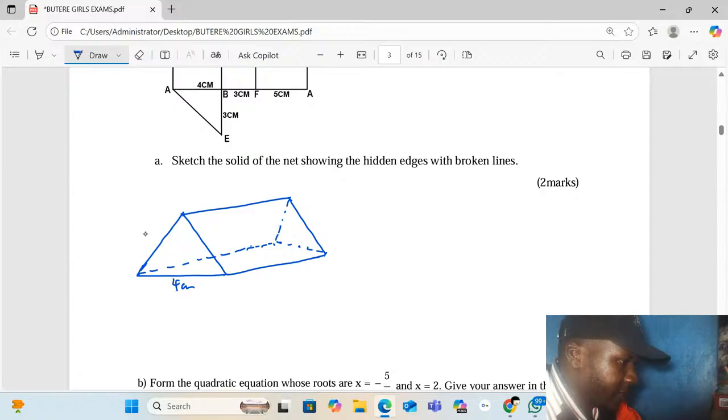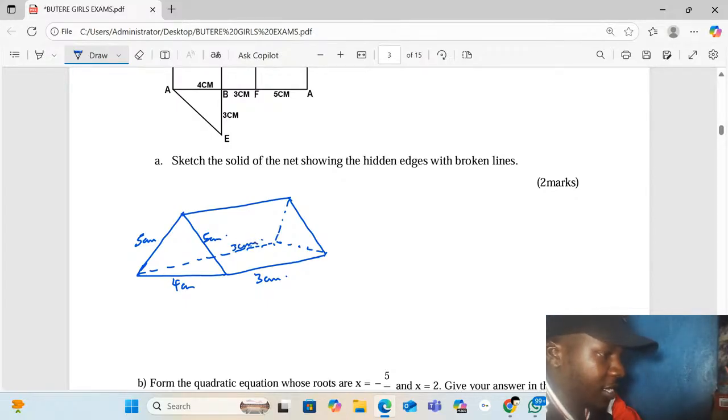Then we have 5 centimeters. Also have 5 centimeters here. Then we have 3 centimeters. So the other side we also have 3 centimeters for the broken line. This other side 4 centimeters, as you can see, then 5 centimeters.